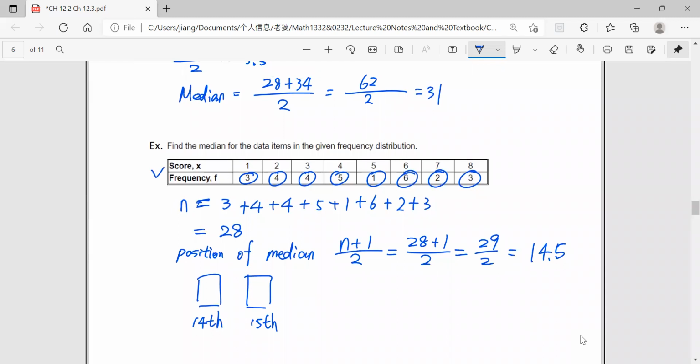We see the frequency distribution table. The scores are from the smallest to the greatest. So at the beginning, it appears as 3, 1. After 3, 1, we have another 4, 2. And then continually, that means 3 plus 4, that's 7. And plus another 4 is 11. So the 12th position is 4.